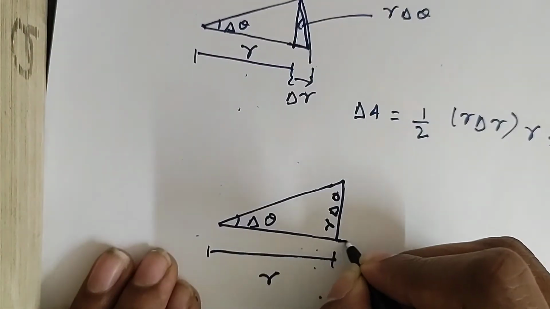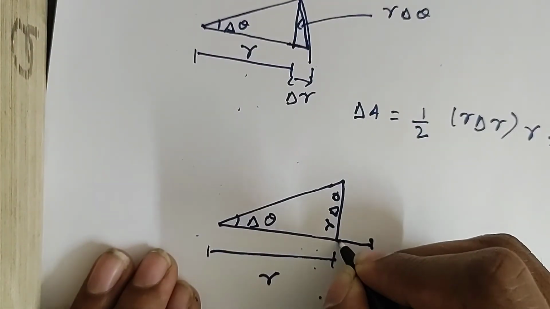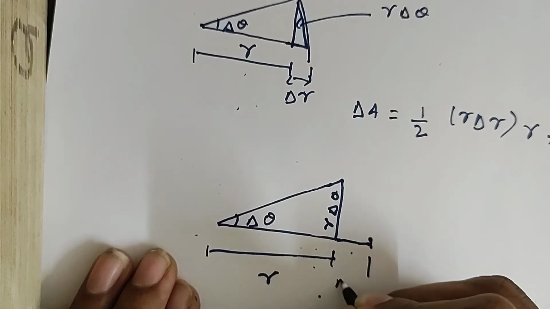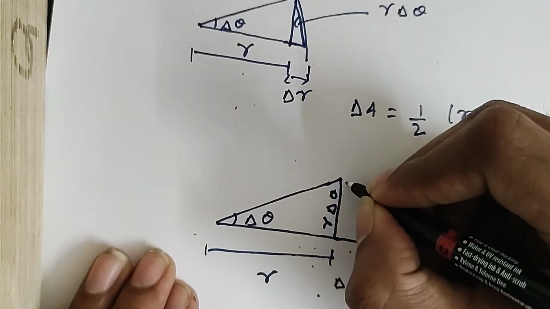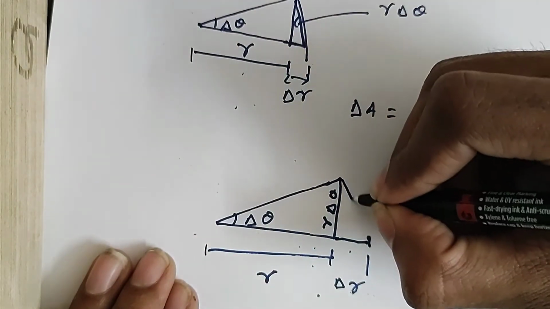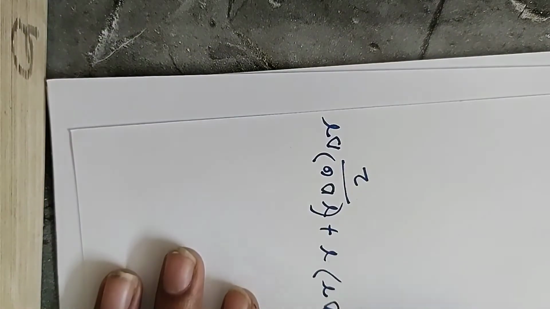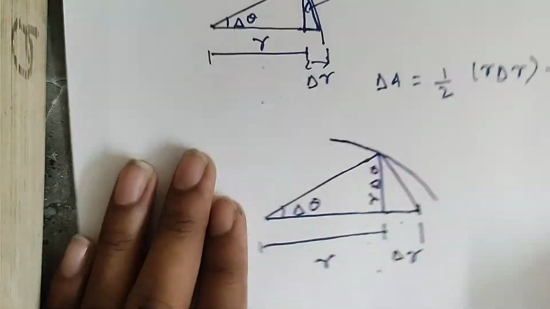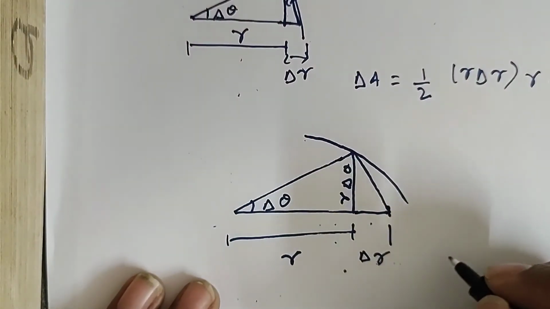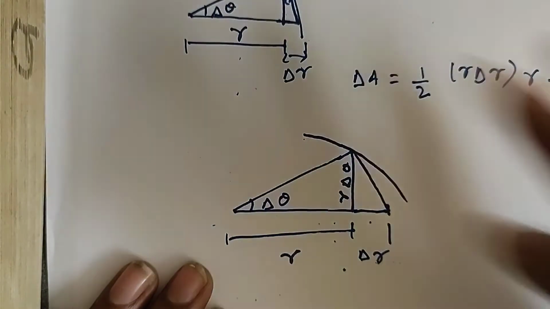Now I define another cross-section, delta r. If I construct this line, and this is my arc that has been taken in the elliptical orbit, that meant the sweeping.